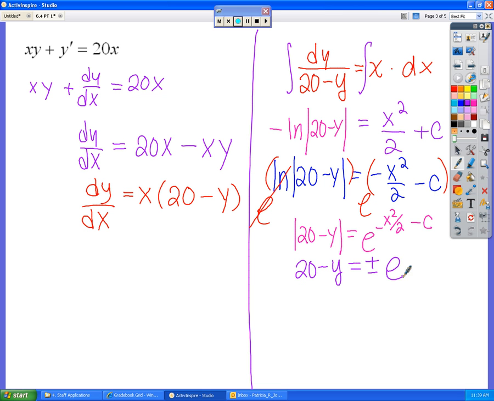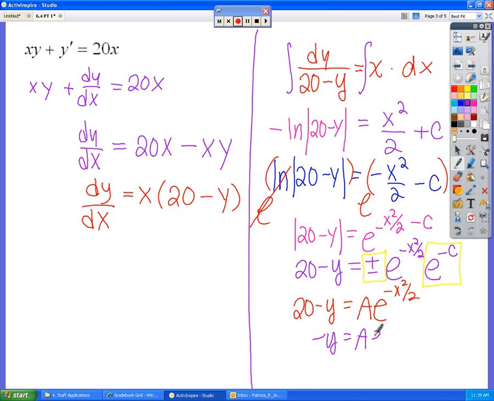Remember I said I'm going to do e to the a times e to the b. Then I will take all the parts that are a constant and do a substitution where I'm going to let that be the constant a. And then all I have to do is subtract 20 and then multiply by -1. So negative y is equal to a e to the -x squared over 2 minus 20.